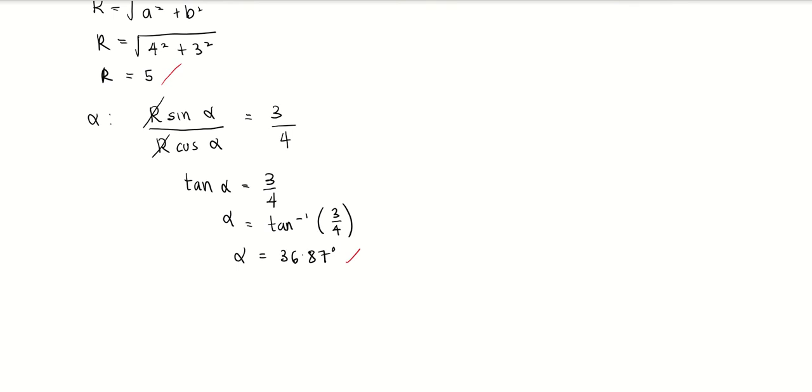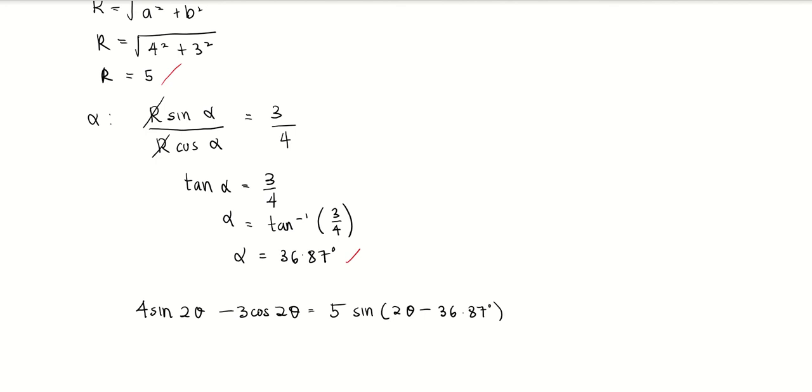Alright, so we already have r, and we already have alpha. So we can substitute into the original expression: 4 sine 2 theta minus 3 cos 2 theta equals r sine (2 theta minus alpha), so r is equal to 5 and alpha is 36.87 degrees.